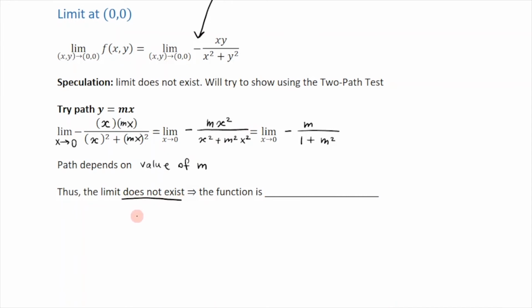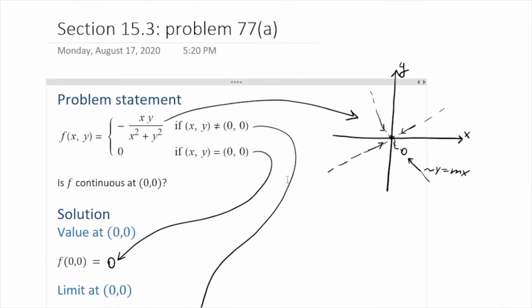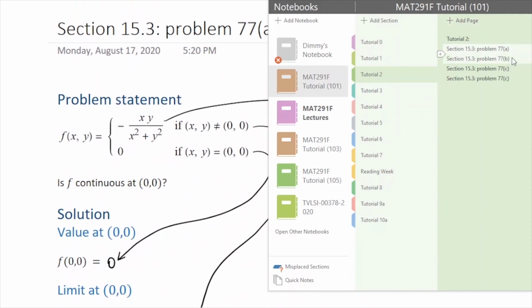If the limit does not exist, it's enough to show that the function is discontinuous. So the function is not continuous. Okay, so this is it for part A. Let's do part B.